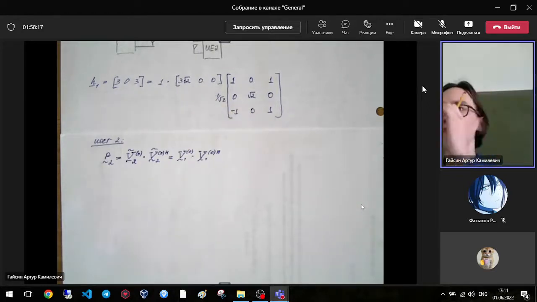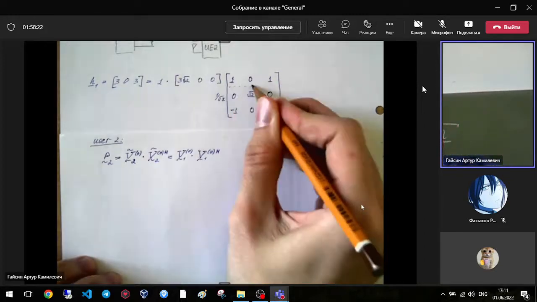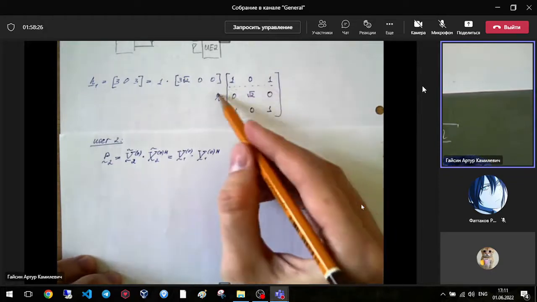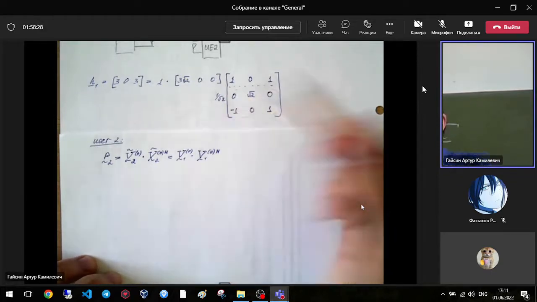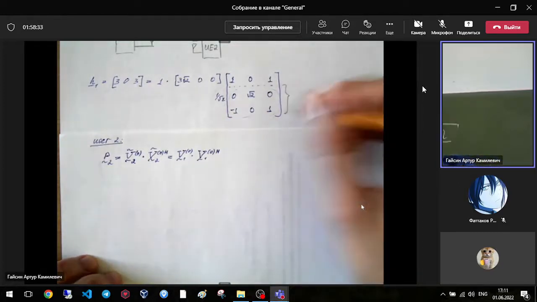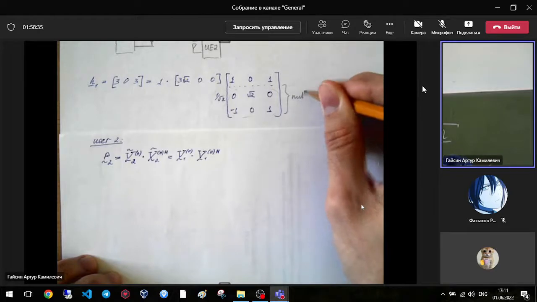So that means the first column, first row, is the signal space, and overall this thing, also multiplied by the scale factor here, is equal to null space. So this one is null space.